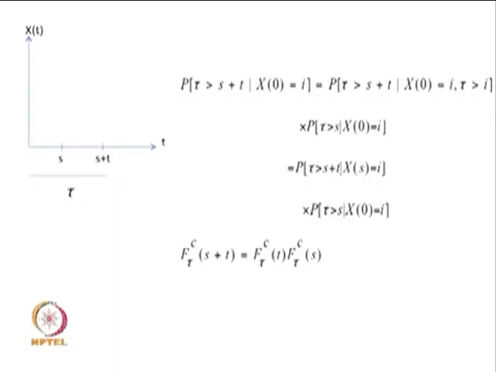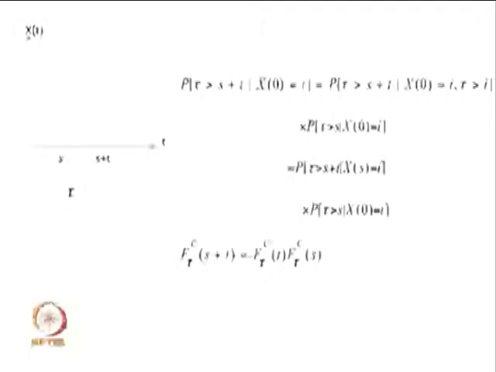For that, let me make a simple graph. So, this is t and this is X of t. Suppose you assume that the system was in the state I at the time point 0.